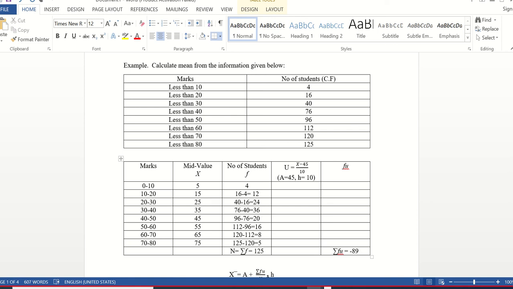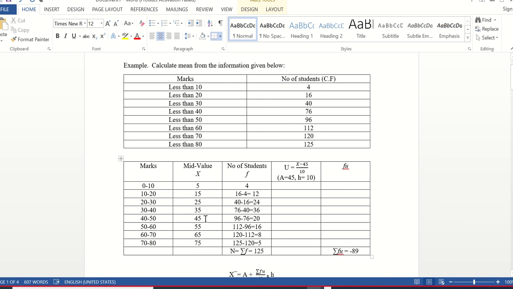So now we will calculate arithmetic mean just like normal formulas, which we have done in our previous class also. So first, we will assume a mean. We assume the mean value from the mid values, from this x.